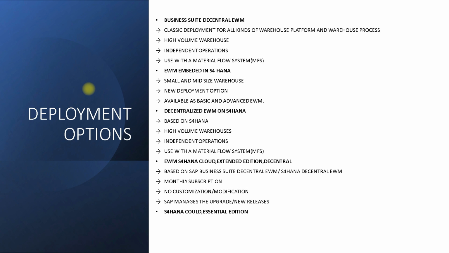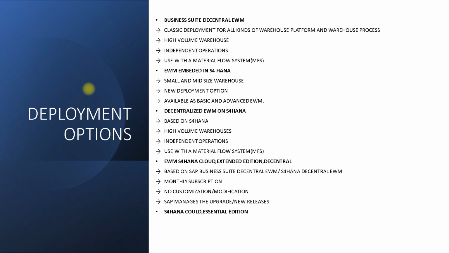What does business suite decentral EWM mean? It will be a part of your SCM system. You are using your EWM system as part of the SAP SCM system, not in ERP or S4HANA. You are using it under the SCM system.